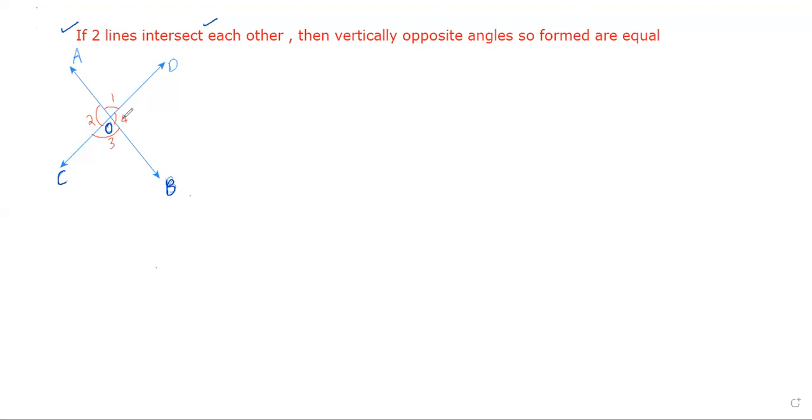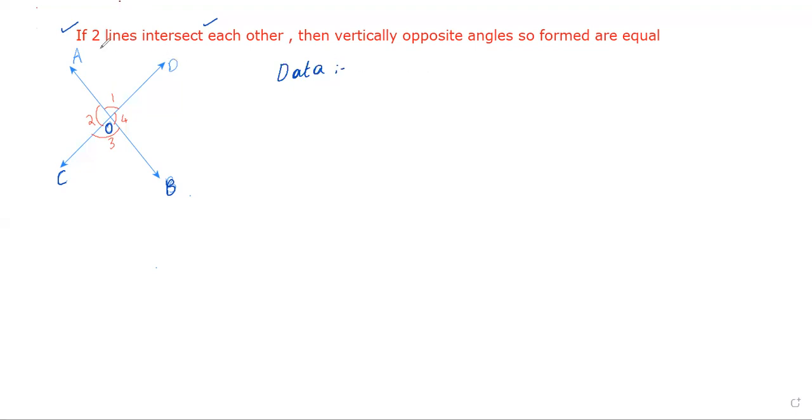Now let me come to the data part. The third step in doing your theorem is the data. What is the data which is given here? We are supposed to take the first part of the statement as our data. So what is given?